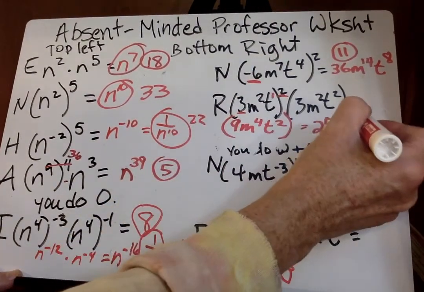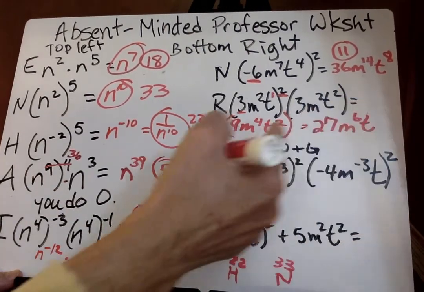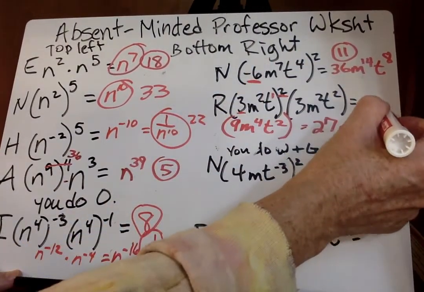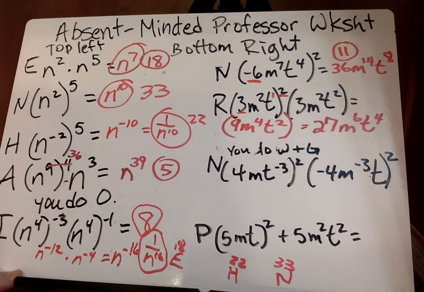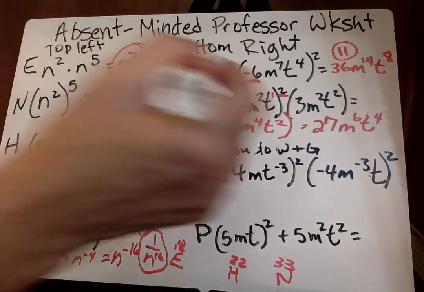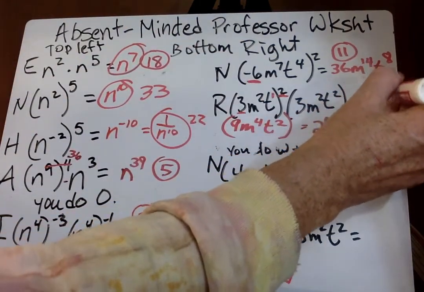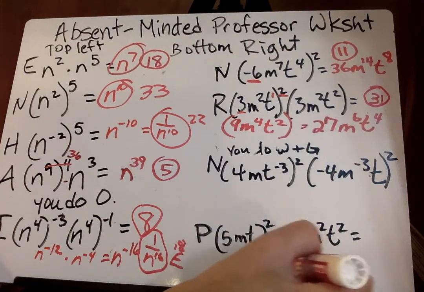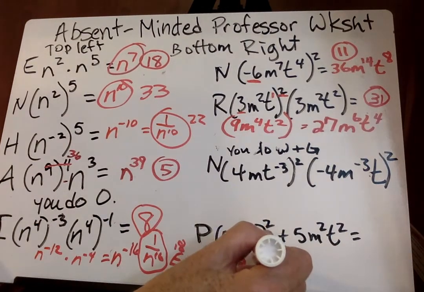I add the exponents. Then t, I'm going to go ahead and add those exponents. Okay, so I look for 27 m to the 6th t to the 4th. Let's see. There it is, 31. So we say 31 is R. And we put that down below wherever R is at the bottom on 31.